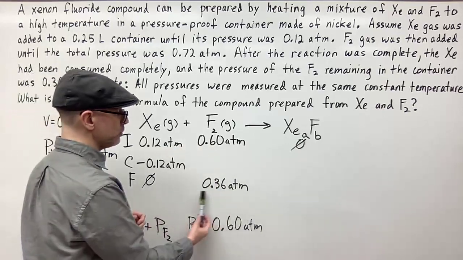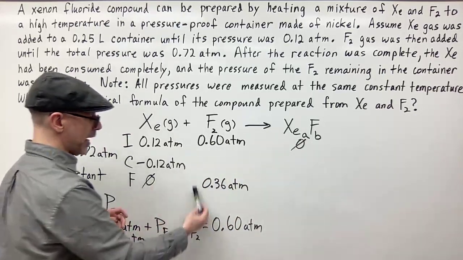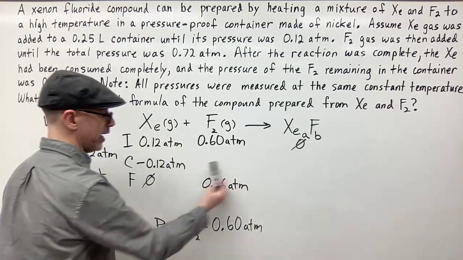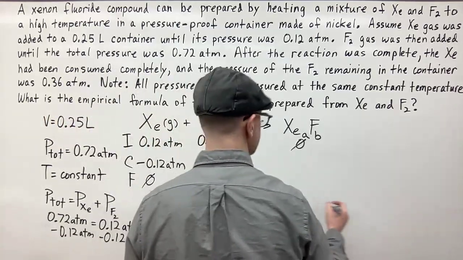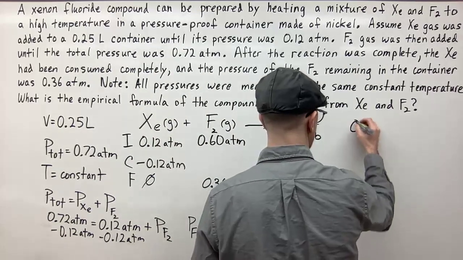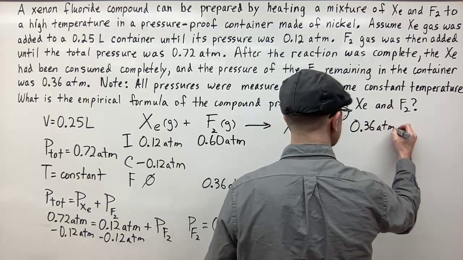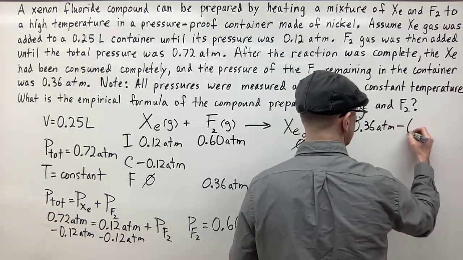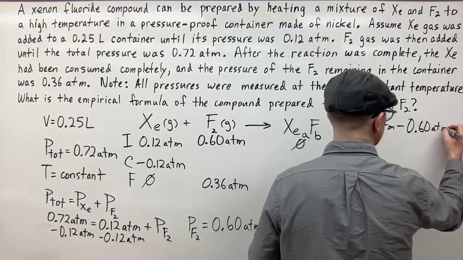So if we do the final minus the initial, what we ended up with, then I'll write it over here, final was 0.36 atmospheres. Subtract out the initial, which was 0.60 atmospheres.